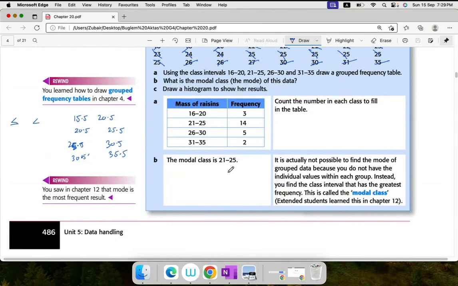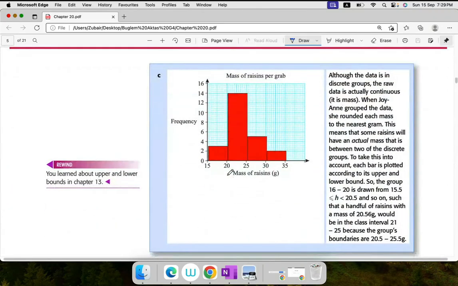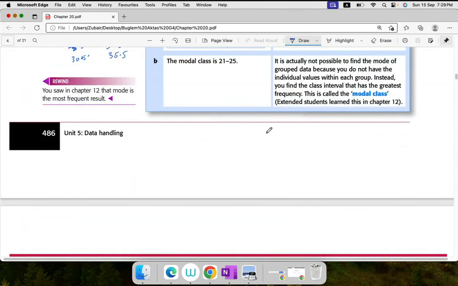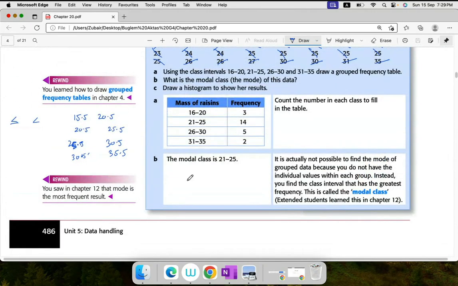Draw the histogram, that was the last part. And these symbols, less than or equal to, and less than, because the lesser value is included in that class and the upper value goes in the next group. See, this was 20. So if there is any value more than 20, that goes in the next group.